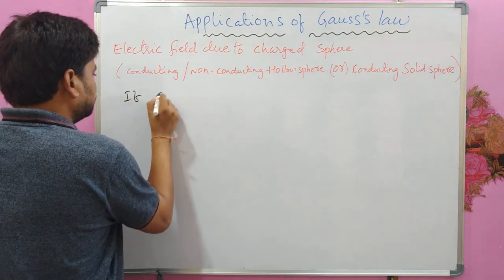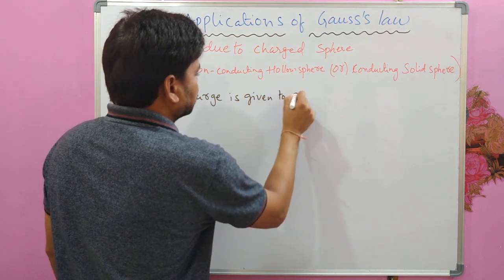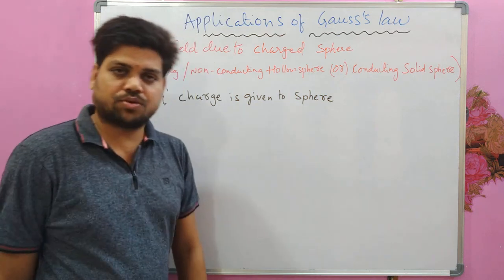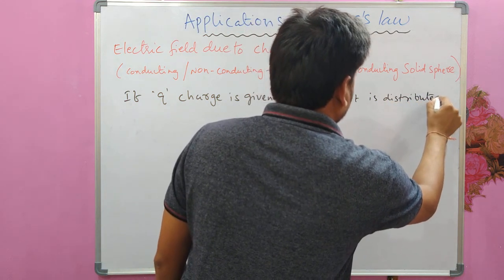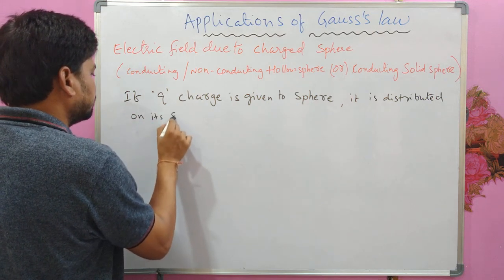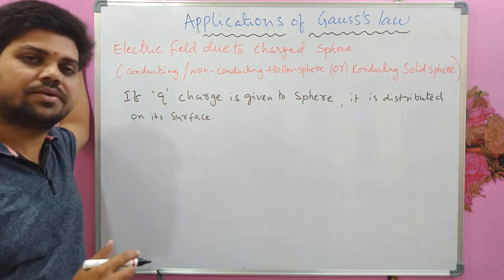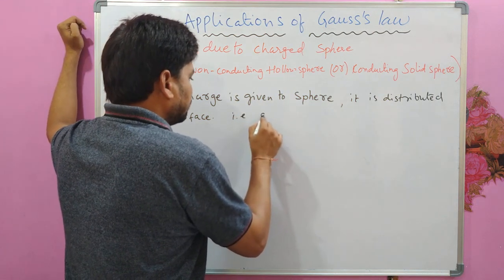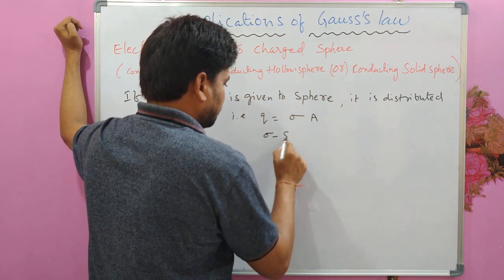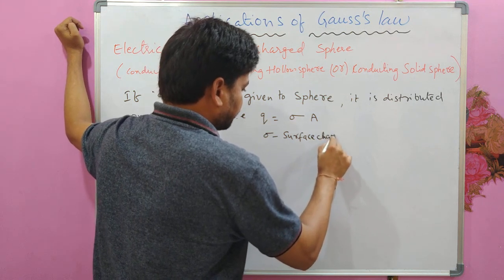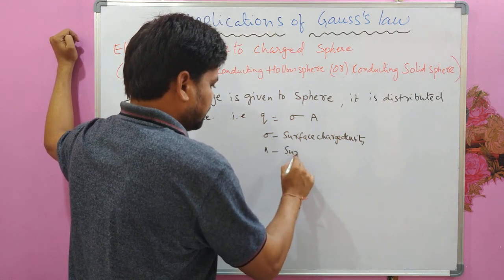If Q charge is given to the sphere, it is distributed on its surface, that is Q equal to sigma into A, where sigma is surface charge density and A is surface area.